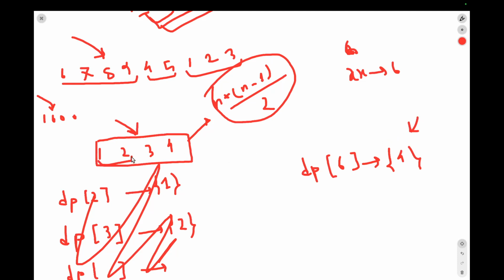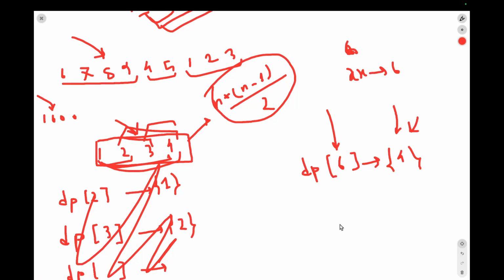You can see this one is strictly increasing, this one is strictly increasing, and this one as well: 3, then 4, then 5, and then 6. So if anyone inputs 6, the output will be 4. That means we have to form just 4 elements in increasing order and nothing else.